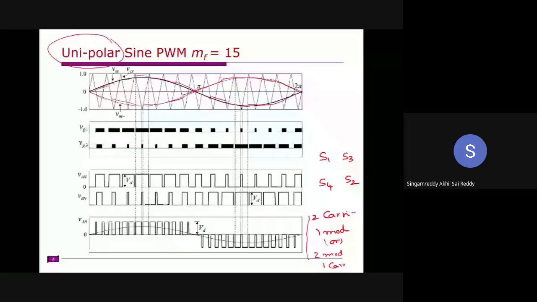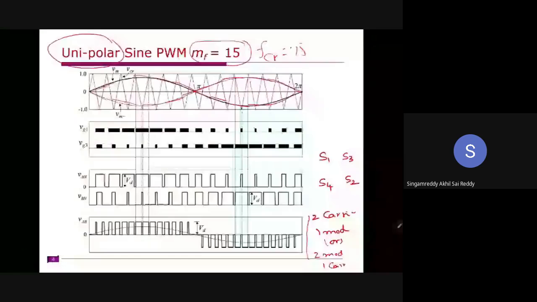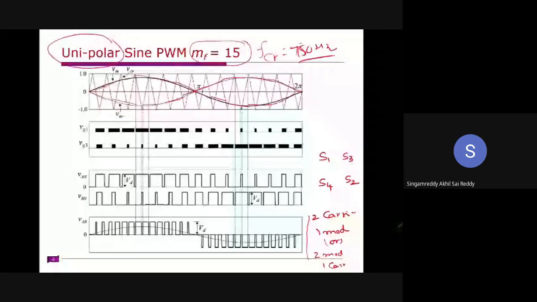Clear? So you have this triangle carrier. Here also I consider MF equal to 15, so the carrier frequency is 750 Hz per 50 Hz cycle. Here there are two modulating signals: this is modulating signal 1, and this is the second modulating signal, 2.